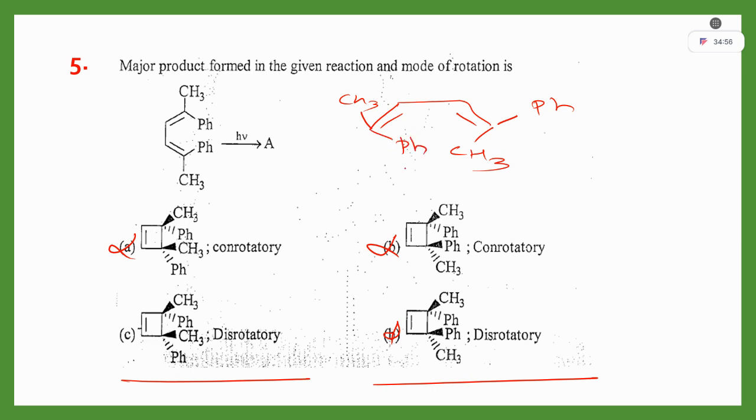Now you see that CH3 and CH3 are trans to each other. Ph and Ph are also trans to each other. You know that 4n system under hv condition undergoes disk rotation.